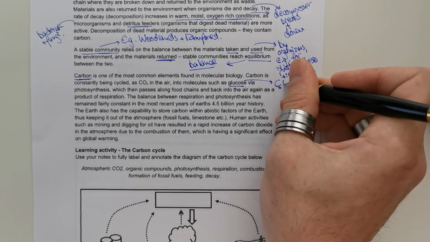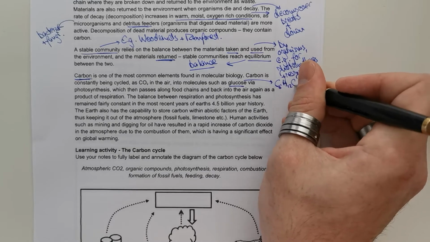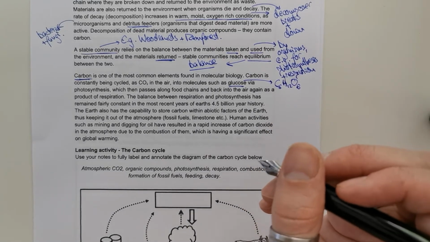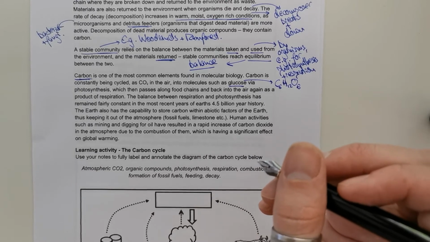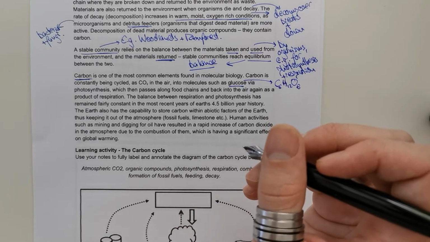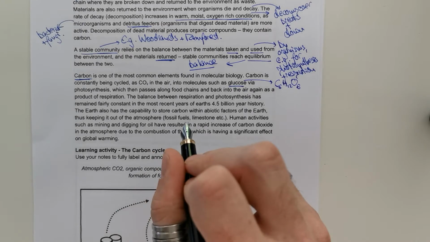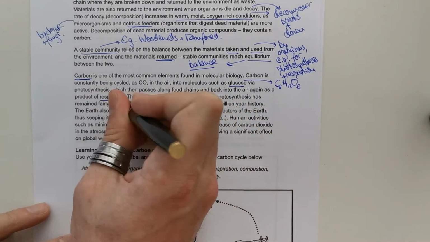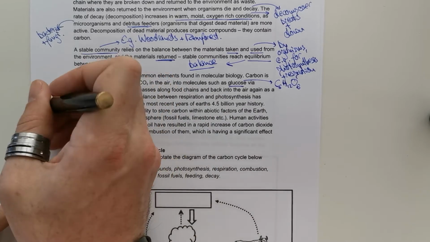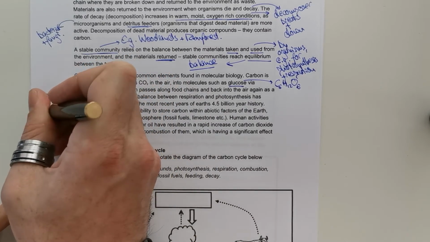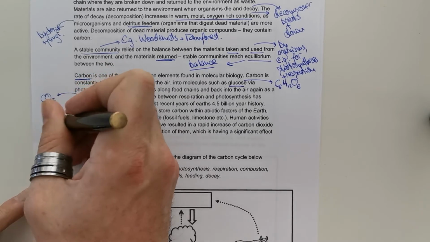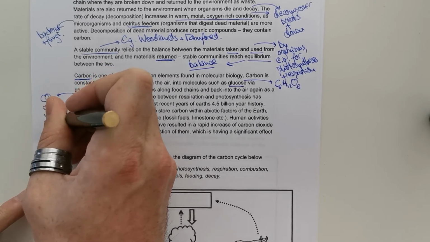Glucose molecules are C6H12O6. So you need 6 atoms of carbon for every glucose molecule. So it's via photosynthesis, and then this passes along food chains and back into the air again as a product of respiration. So remember, CO2 is a waste product of respiration. We breathe it out, we don't need it.